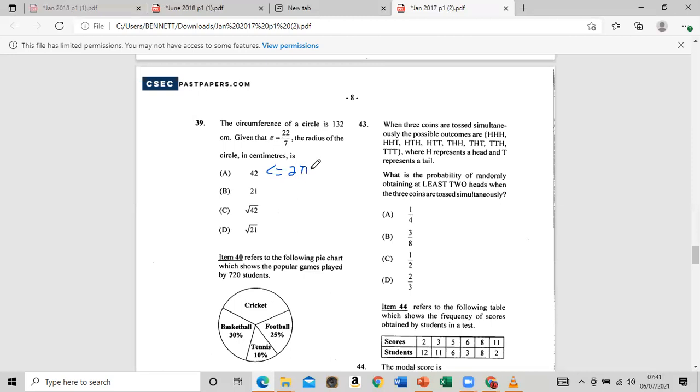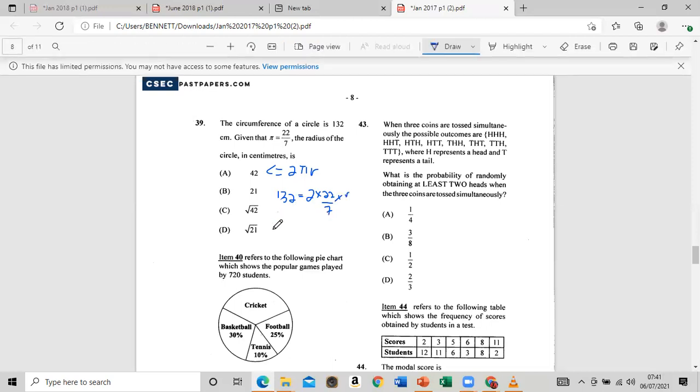So we know that this is 132, equal to 2 times 22/7 times r. We don't know what r is. So if we transpose, it is 132 times 7 upon 2 times 22. This can be a little bit tricky, guys.